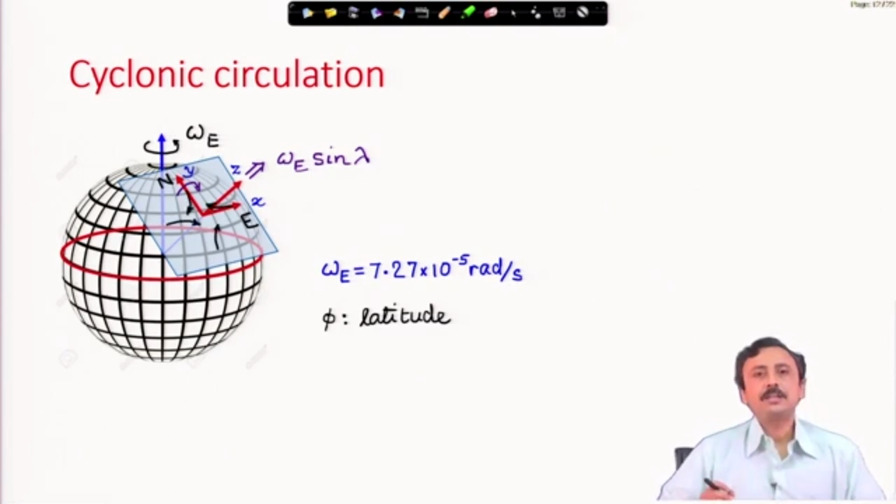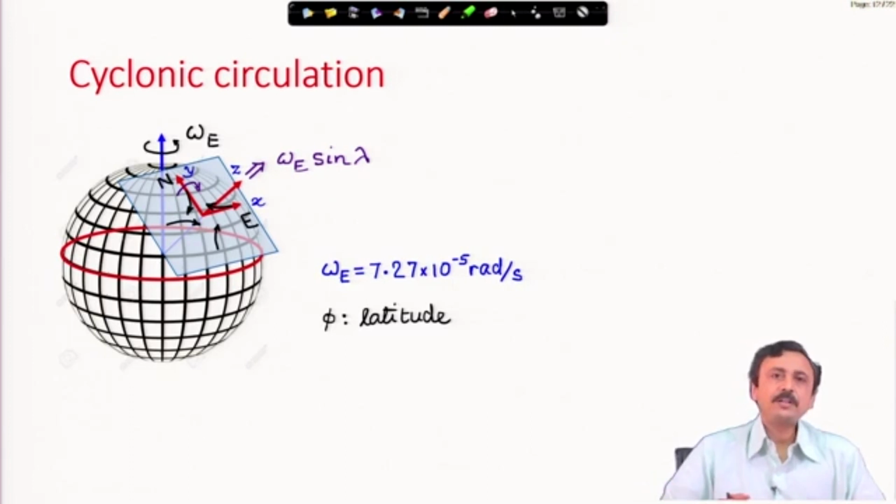Now, imagine that you have developed a low pressure region at the location under consideration. This happens because hot spots develop, and hot air is lighter, it rises up and the pressure drops at that location.